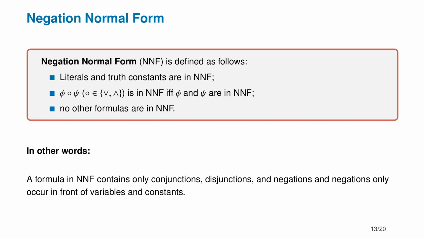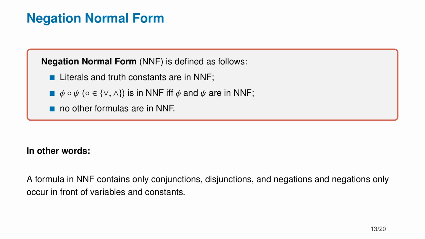Then some special formula structures. We have negation normal form, or NNF, which is defined as follows. So literals and truth constants are in negation normal form. Phi and psi is in negation normal form if and only if phi and psi are in negation normal form.